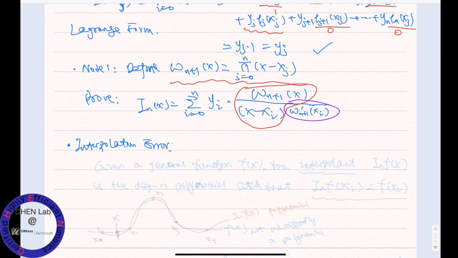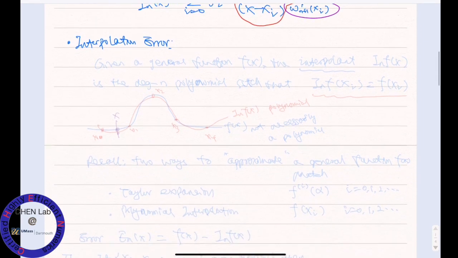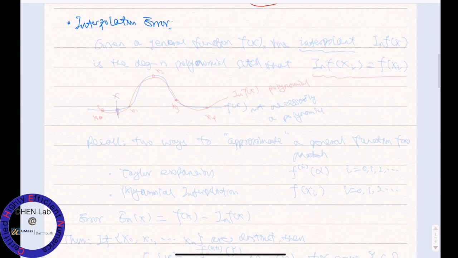You have 3 points, and you draw a polynomial that passes through them. For other settings, you're actually given a function. Remember, some functions are very hard to evaluate on computers, but polynomials are easy to evaluate. So when you have a complicated function and you want to deal with it on a computer, sometimes you need to convert it into a polynomial. One way, as we have done, is Taylor expansion, an approximating polynomial.